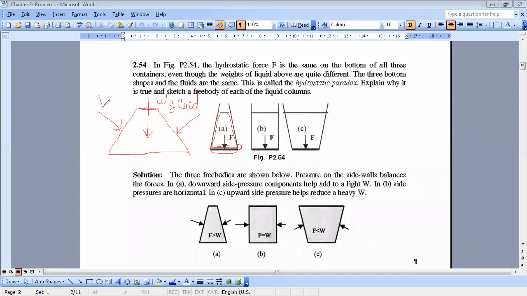So you have a force of the inclined surface on water from both sides. Here, due to symmetry, because it's a symmetrical container, you will have the same values along the horizontal direction, and these two forces will cancel out. While in the vertical direction, you will have two components acting downward.